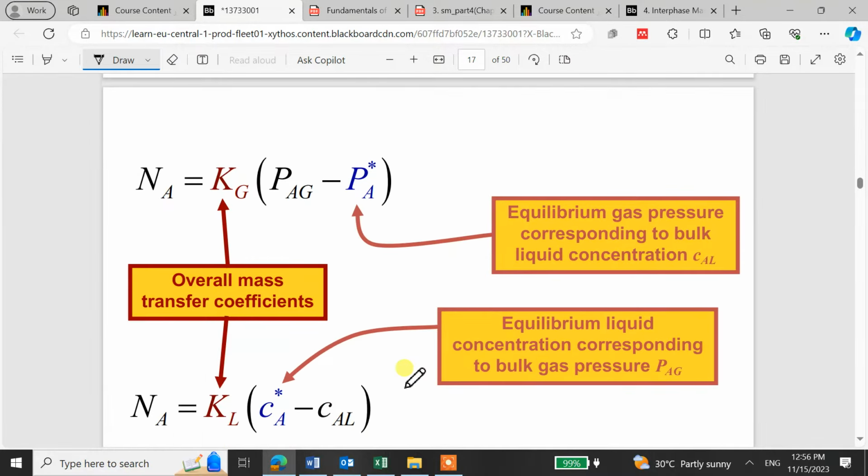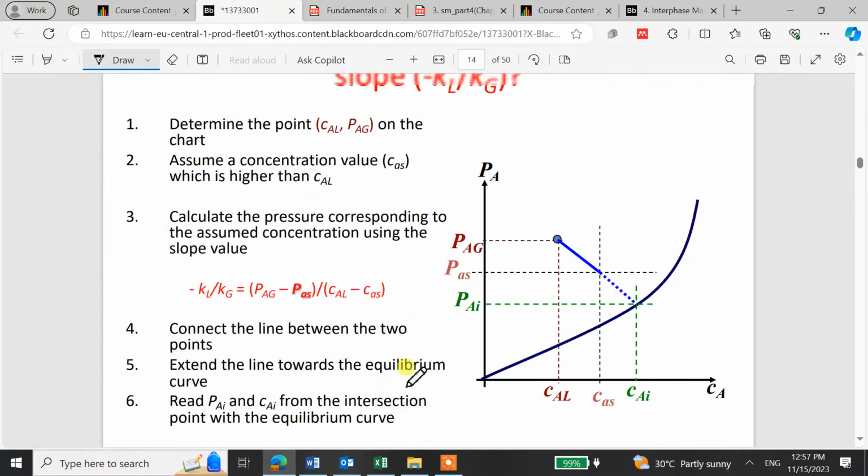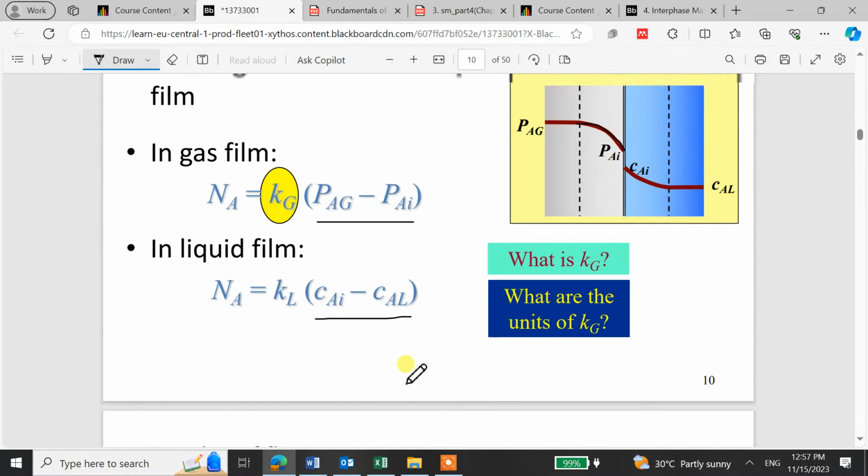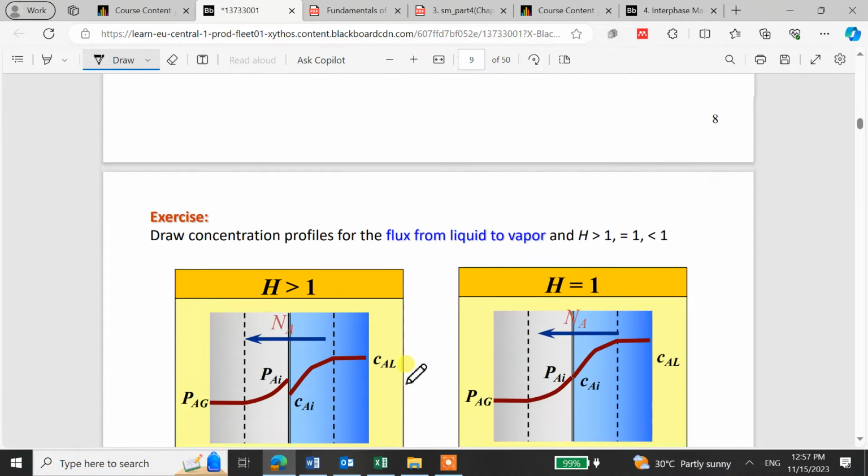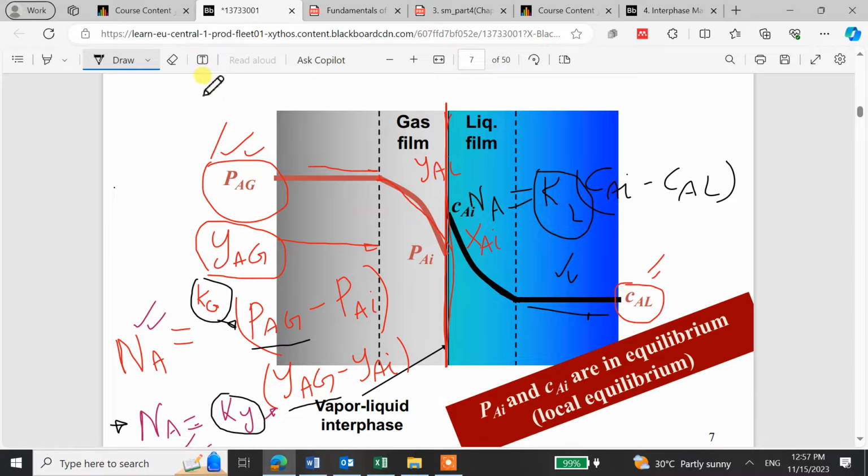So suppose this is the interface, this is the gas film, and we have the liquid film.